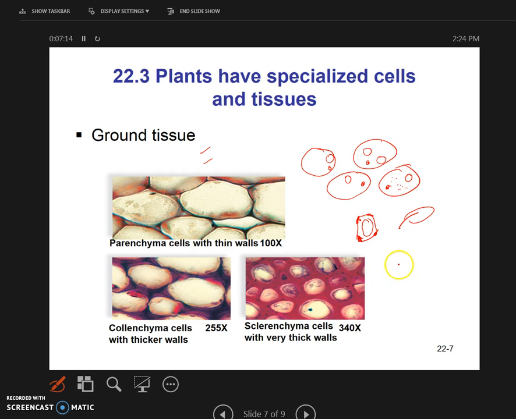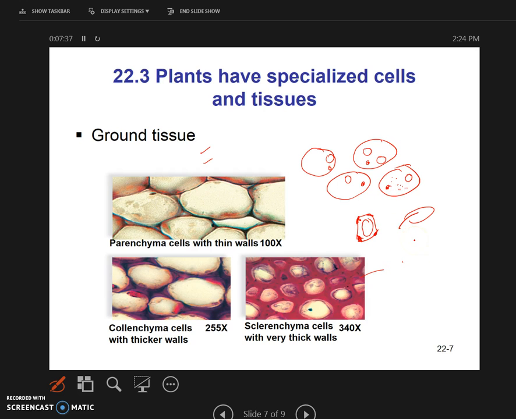Sclerenchyma are very, very thickened, and these are dead. So they are dead, the walls are greatly thickened, and usually these cells die once the cells are formed. So the cell dies. These are associated with other cell types, and it gives them mechanical support. You are very familiar with sclerenchyma.